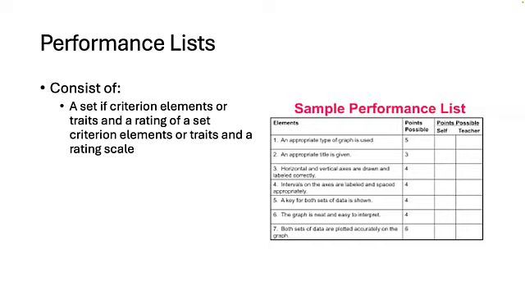And when the performance is complete and the product is built, then you can slide into the holistic part because now all the criterion have been checked, basically. A performance list consists of a set of criterion elements or traits and a rating scale, right?